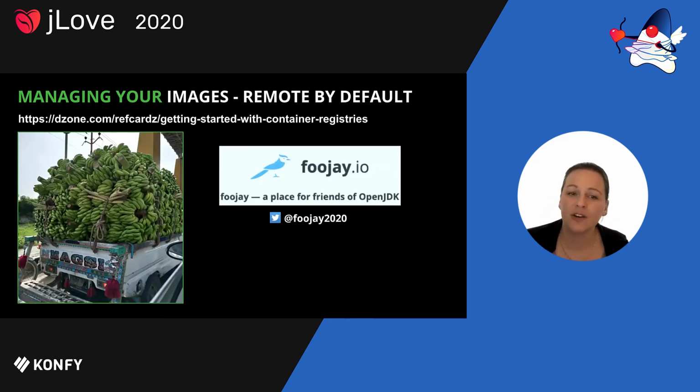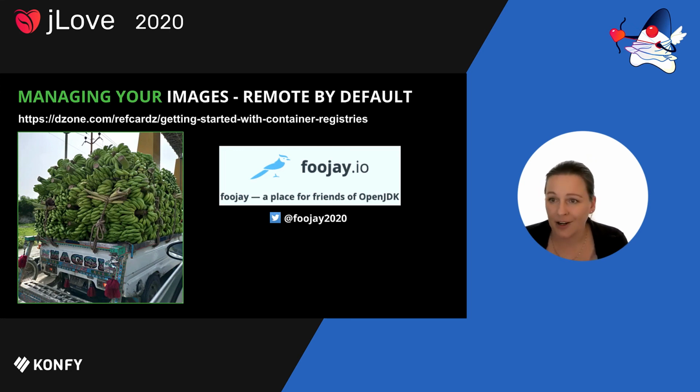All right, managing your images. By default, if you don't specify a repository, your images are coming from a remote repository, specifically Docker Hub. That registry is great. It's great for everyone to be able to share images there. You can get official images there.